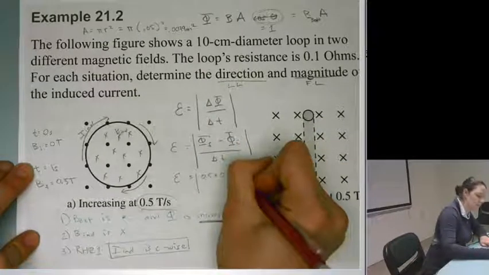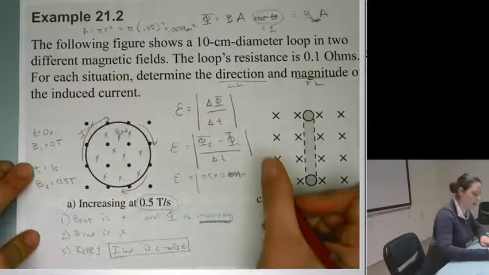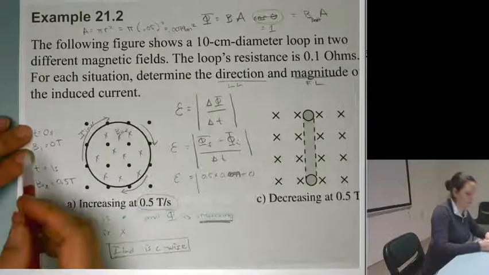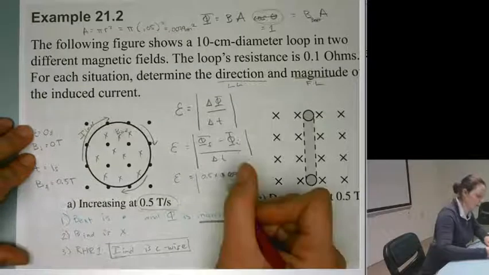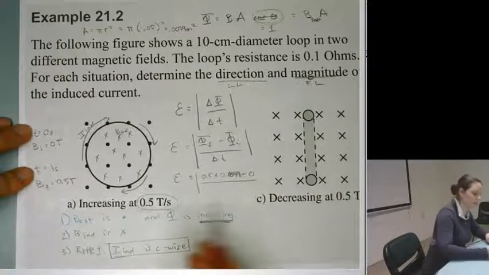Minus the initial, which is 0, right? 0 times 0.0079, but I won't bother writing that. Divided by the time elapsed, and we set up our time elapsed to be 1 second.